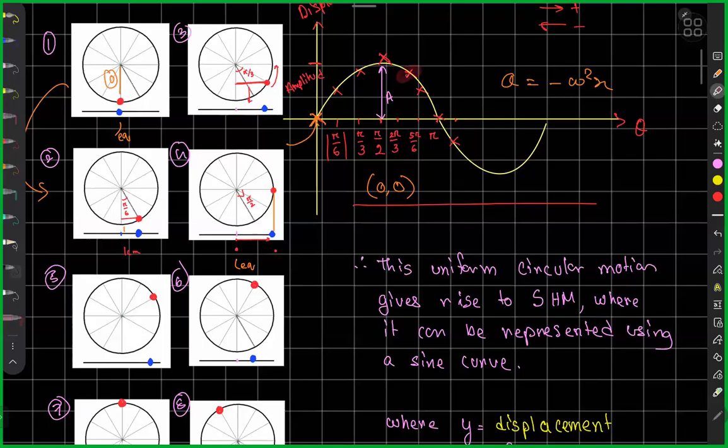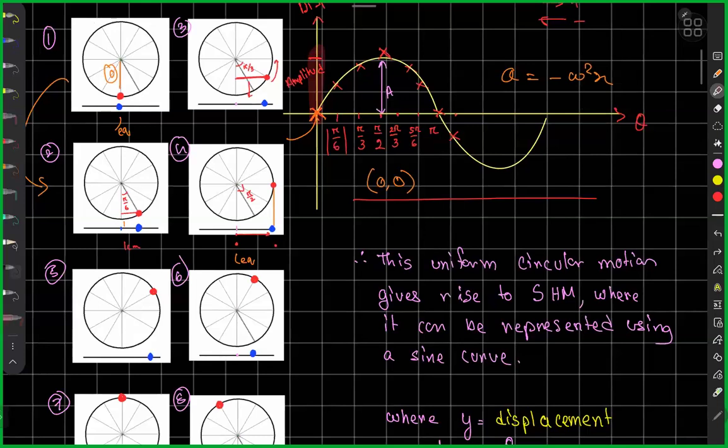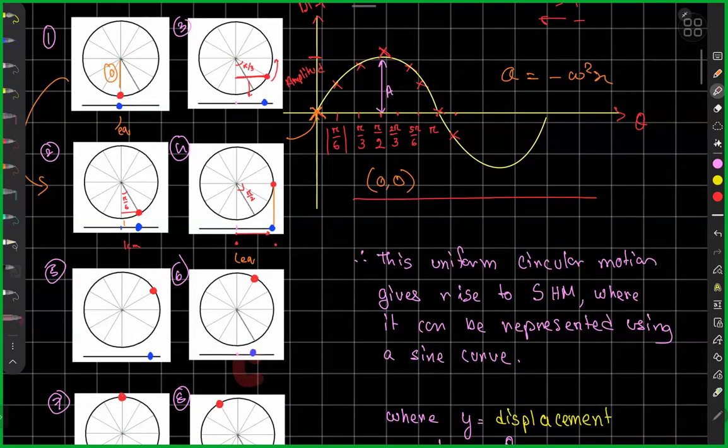Notice on this graph, when I increase theta beyond pi by 2, the displacement has decreased from the amplitude. Sir, is this graph of the shadow? Yes, this displacement is of the shadow. On the y-axis, I have plotted the displacement of the shadow from the equilibrium.